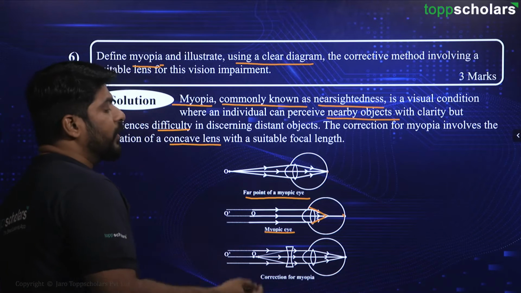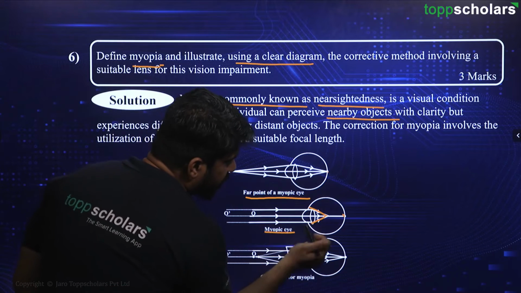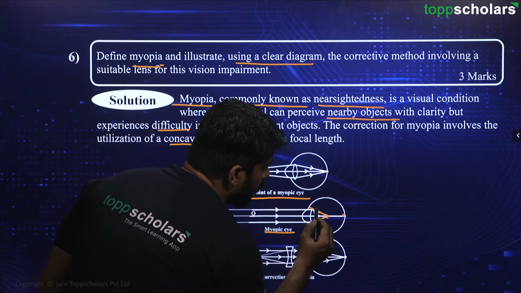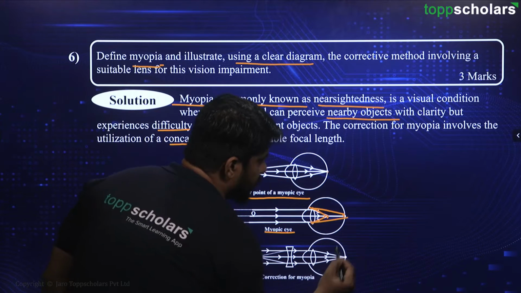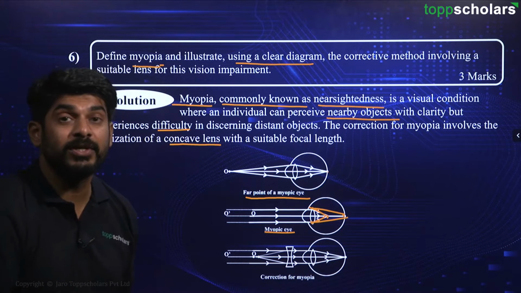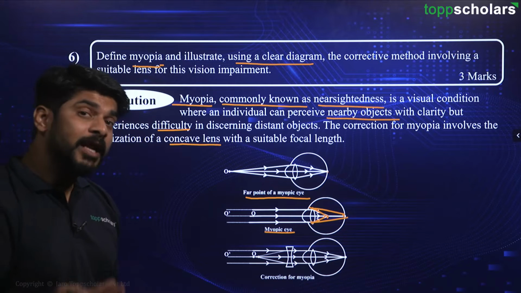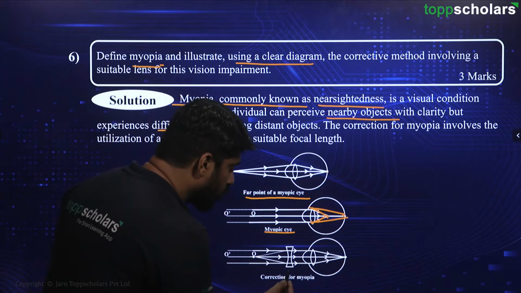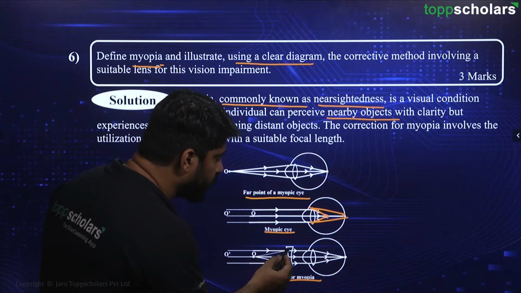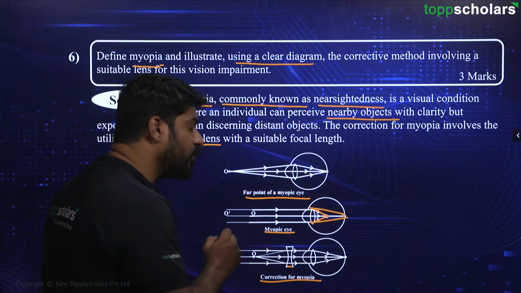Now, what we can do to correct this? So here, these rays which are focusing here, if we are somehow able to make them focus here, then this problem would be solved. So that means we have to diverge the rays. So for diverging, we require a diverging lens, which is nothing but a concave lens. So here we can see the correction for myopia, where we have put a concave lens in between the path.